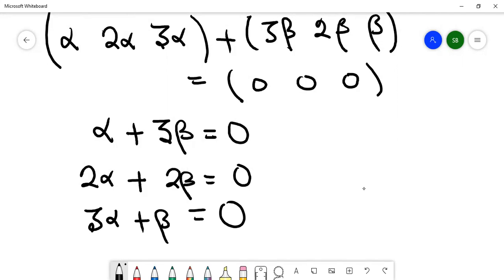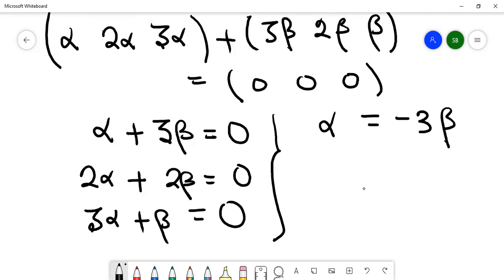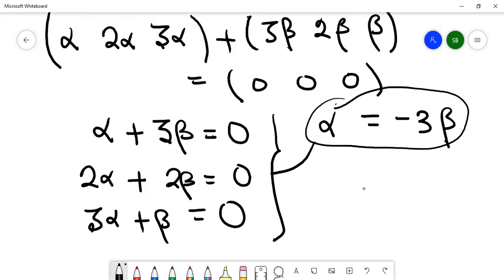All right. If you observe from the first equation, alpha is minus 3 beta, and if you substitute this in one of the other two equations, you observe that by some calculation, we obtain minus 6 beta plus 2 beta equals 0.